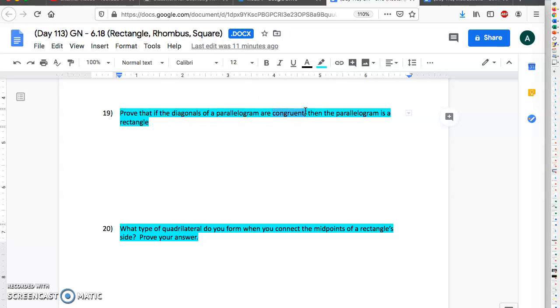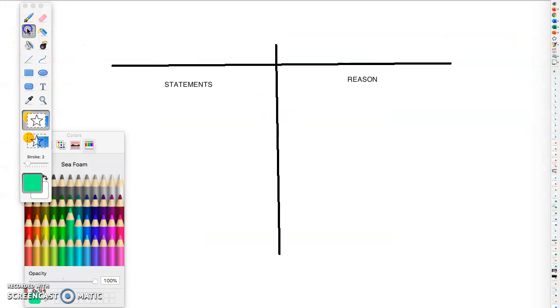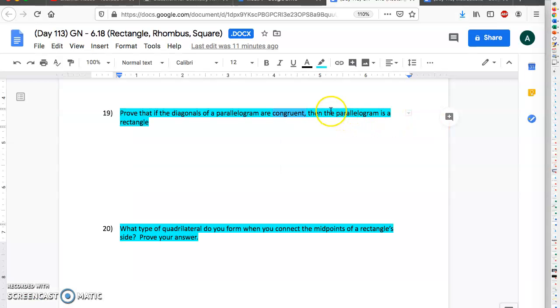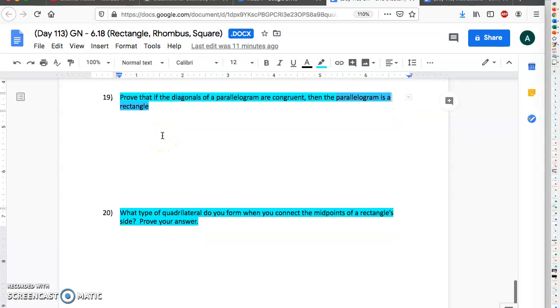And how do you know? Because it is given to you. So what's the reason we know that? Because it is given to you in the question. And from there, continue until you get to the point where the very last thing you write is, well, the parallelogram is a rectangle. Okay, moving on to number 20.